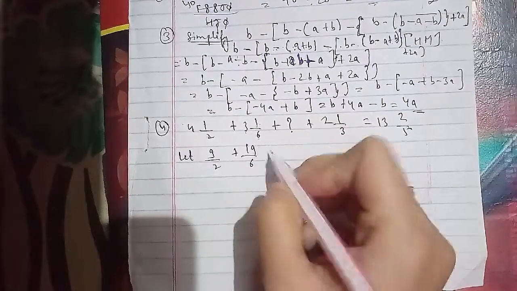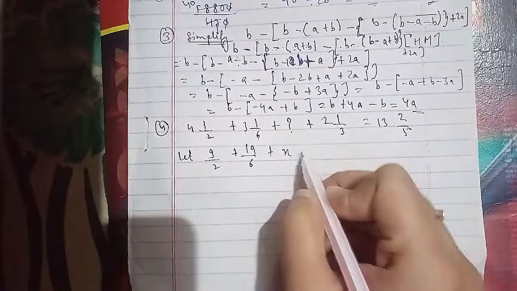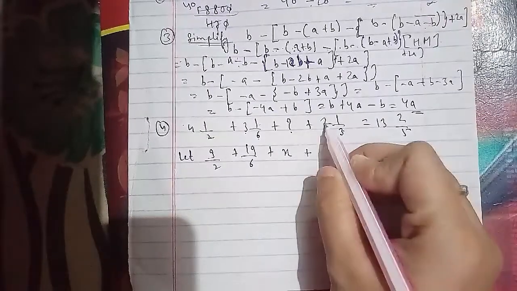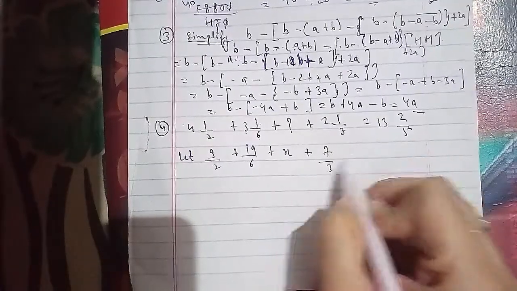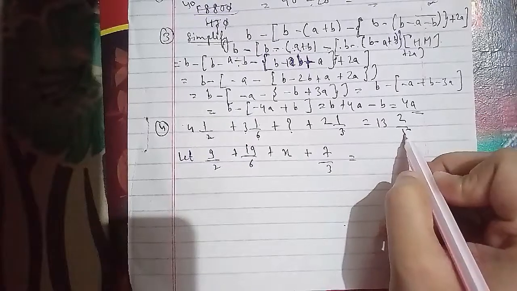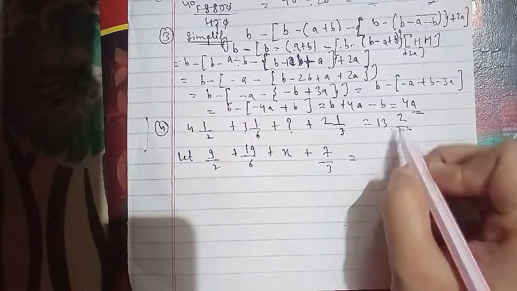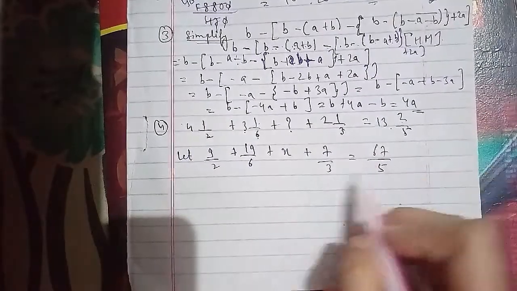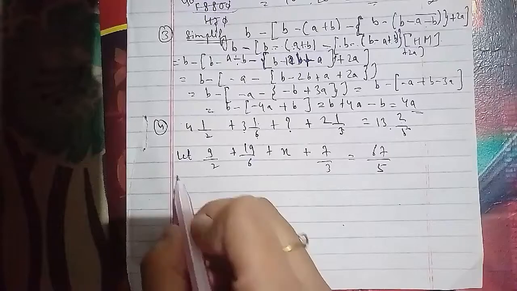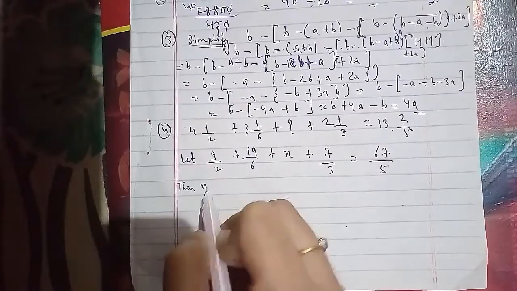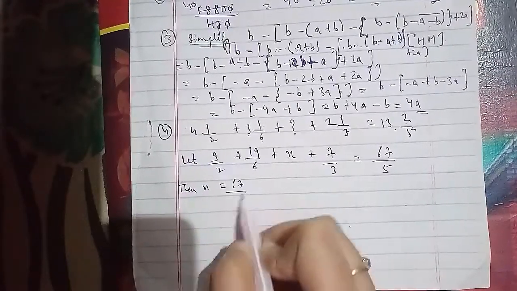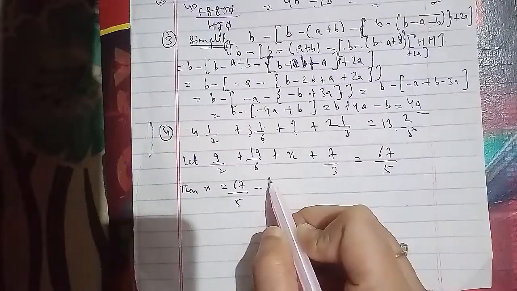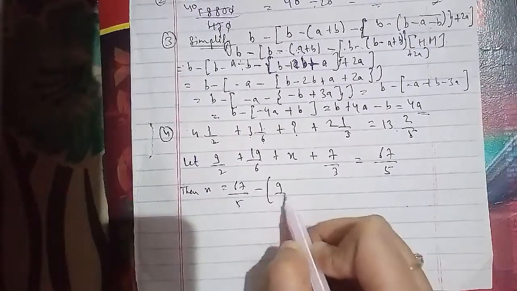The denominator remains the same, plus x for the question mark. 2 3s are 6 plus 1, 7/3, equals, and 13 5s are 65 plus 2, that is 67/5. So this we have. Further we'll solve it: x equals 67/5 minus 9/2.